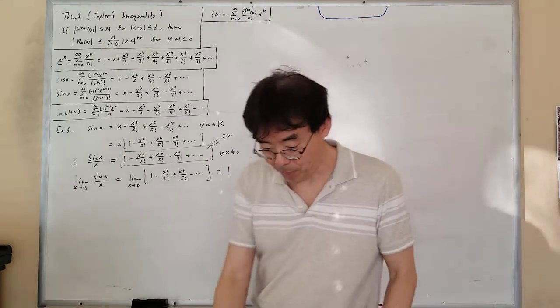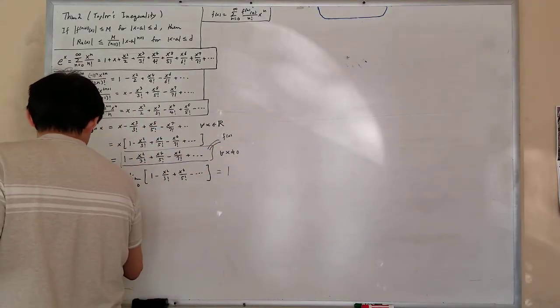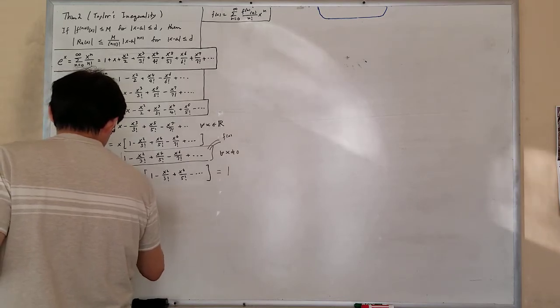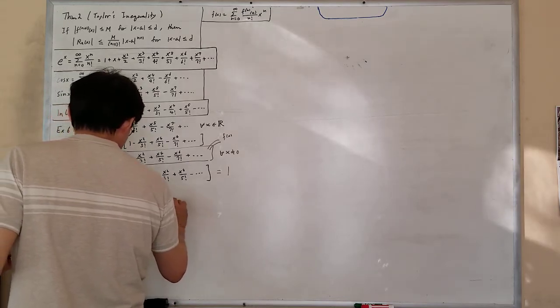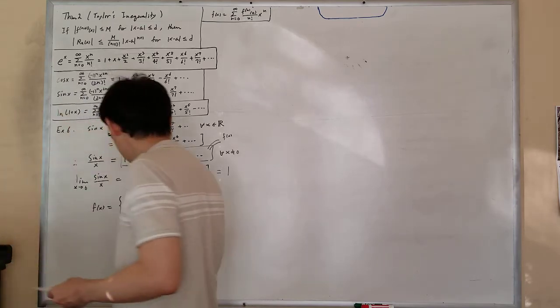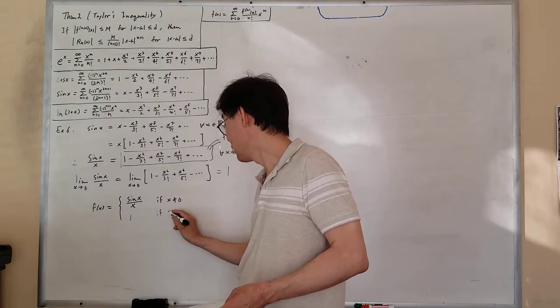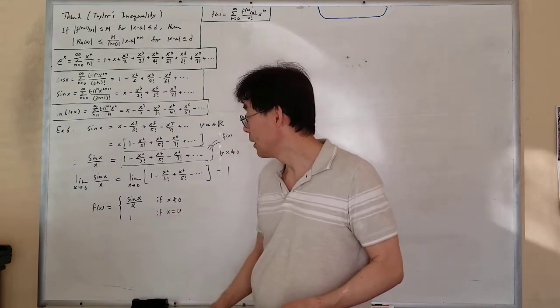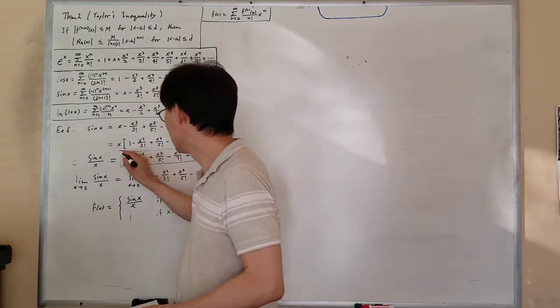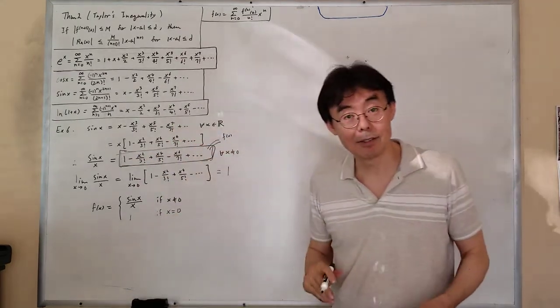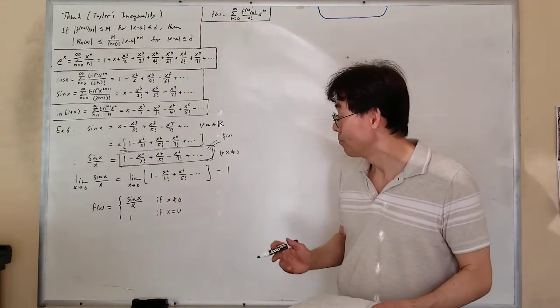So your f of x is actually this. So this one cannot define the value at 0. At 0, we define it separately, piecewise. And this is the power series representation of this f of x. Okay? All right.